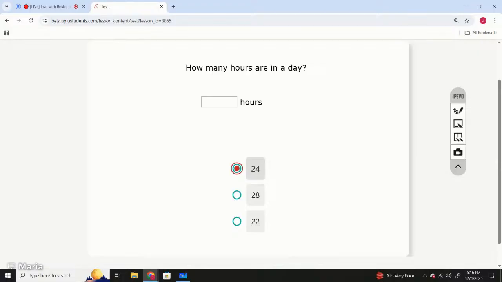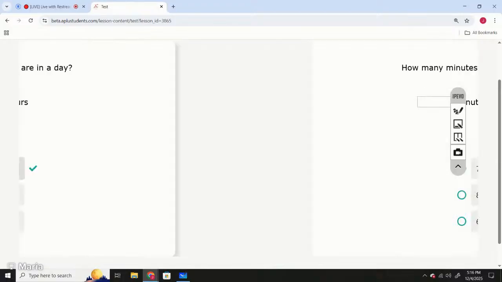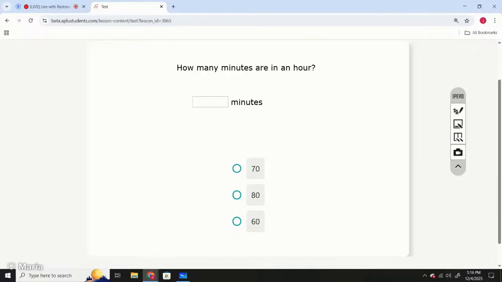There are 24 hours in a day. The correct option is 24. How many minutes in an hour? There are 60 minutes in an hour. The correct option is 60.